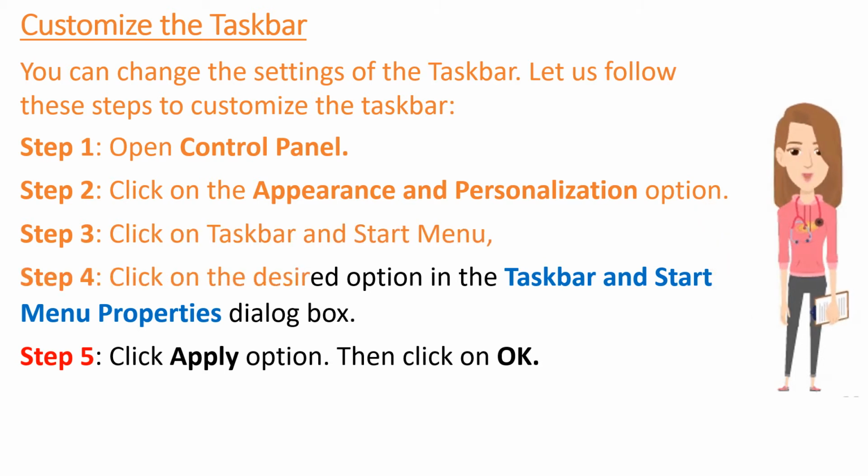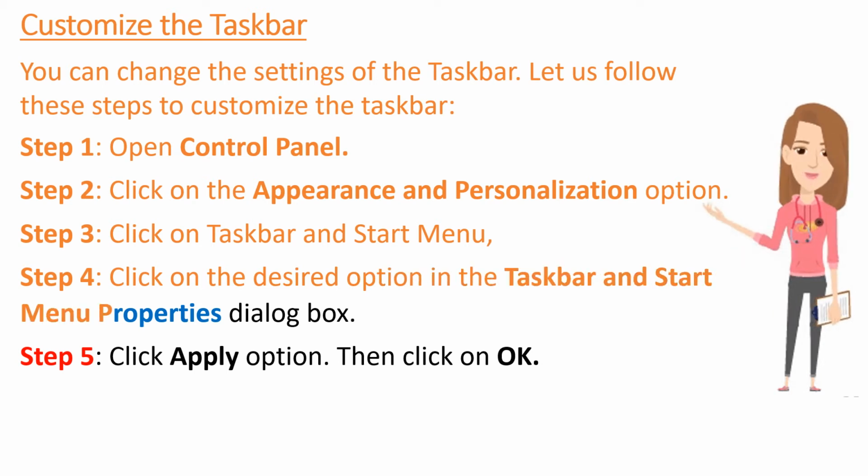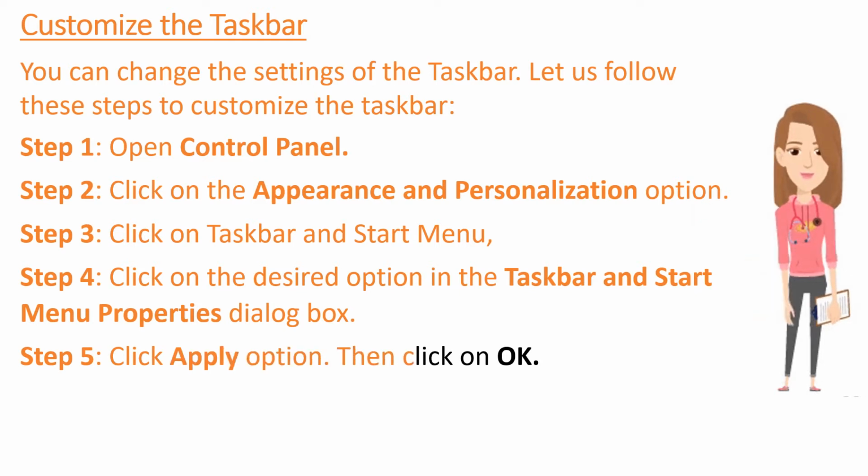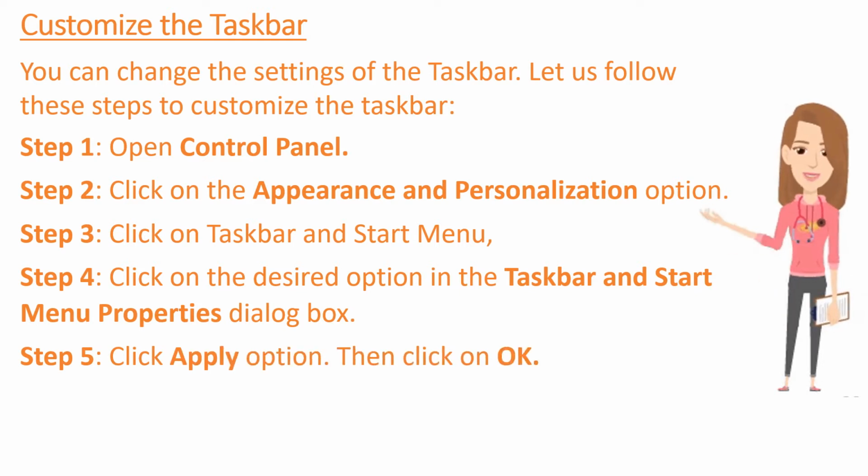Step 4. Click on the desired option in the taskbar and start menu properties dialog box. Step 5. Click apply option, then click on OK.